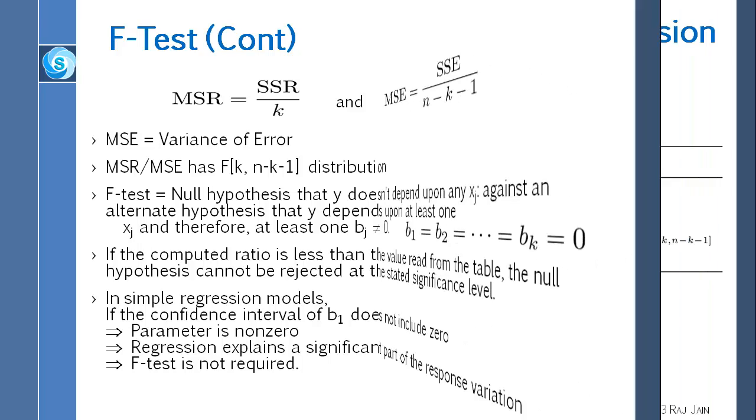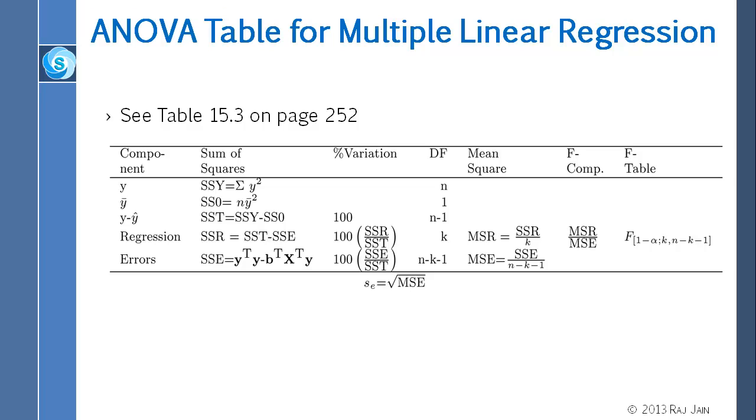What is important is to make this kind of table. When we do an analysis of variance, ANOVA, we make a table like this. In this table, the first row is y, and the second column is SSY, the total sum of squares of y, with n degrees of freedom.